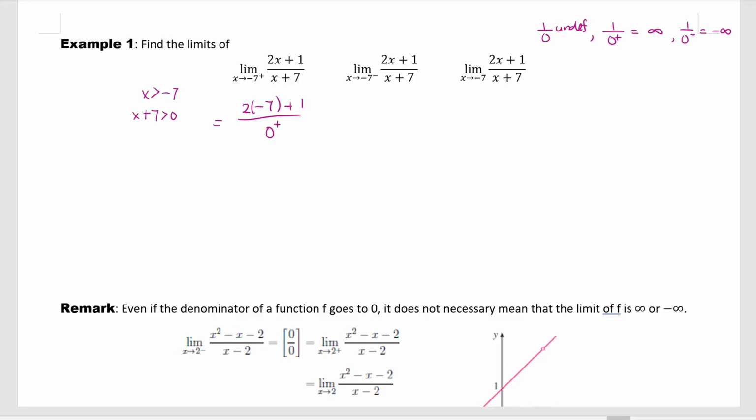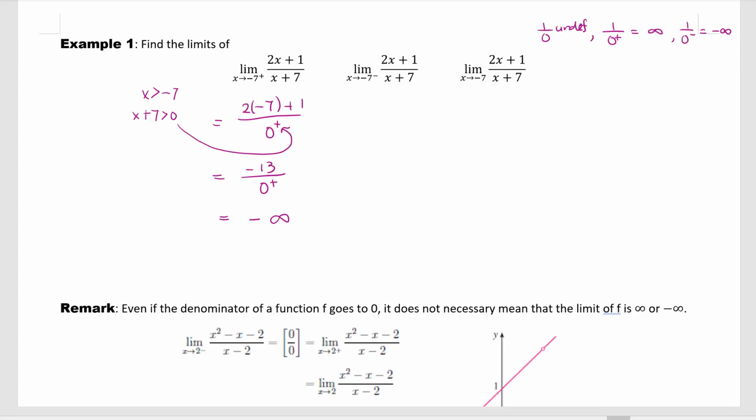So this is 0 plus. Then we have 2 times negative 7, negative 14 plus 1 is negative 13. Negative 13 over 0 plus is positive infinity or minus infinity? Let's see how many negative signs there are. We have one negative sign, only one. So the answer is minus infinity.